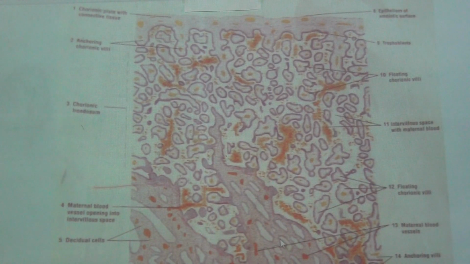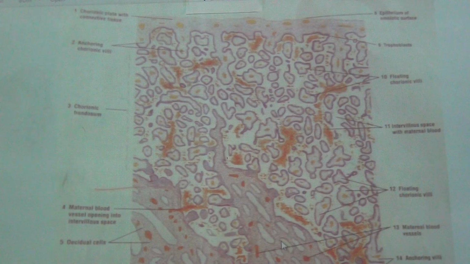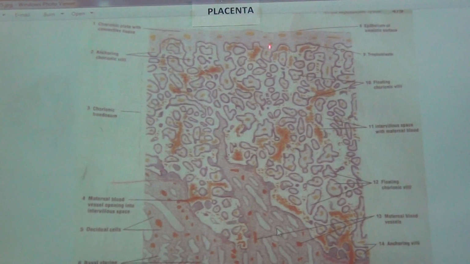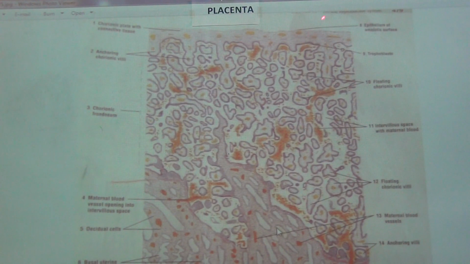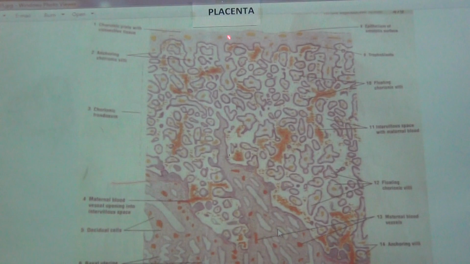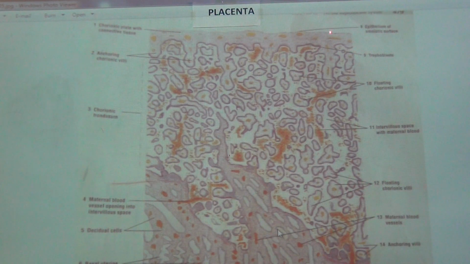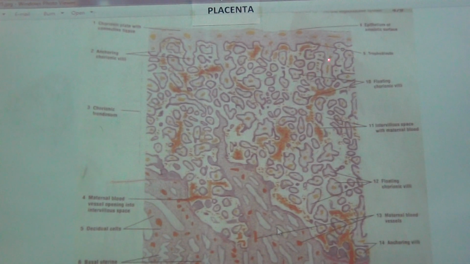Now again, these villi are of two types. One, anchoring villi or attached villi. These are attached to the chorionic plate. All these villi come from the chorionic plate. Some of them are attached to the chorionic plate, called the anchoring villi, and others are the floating villi.